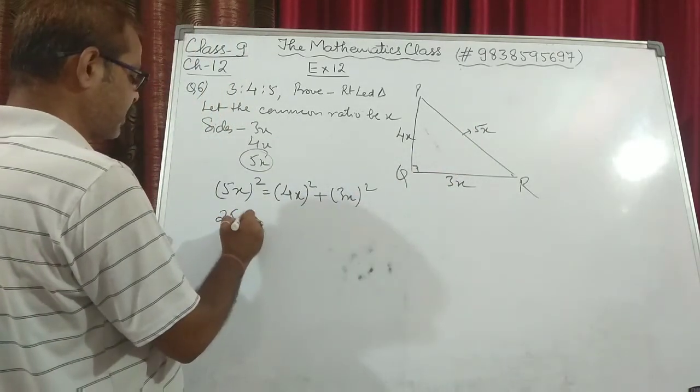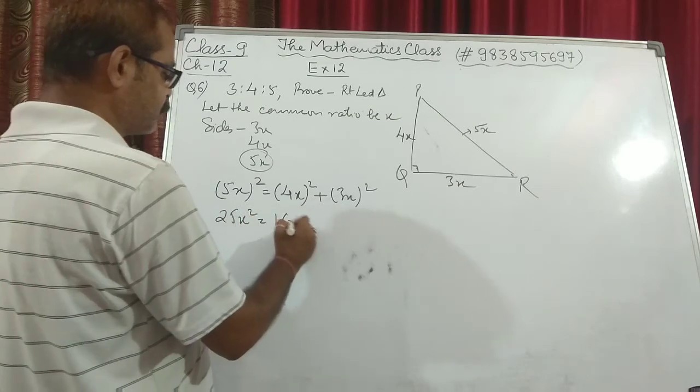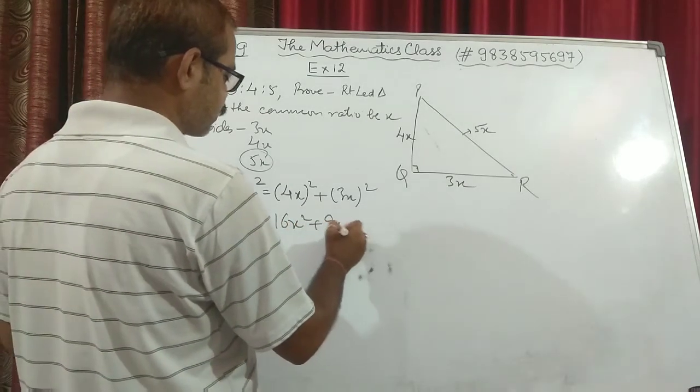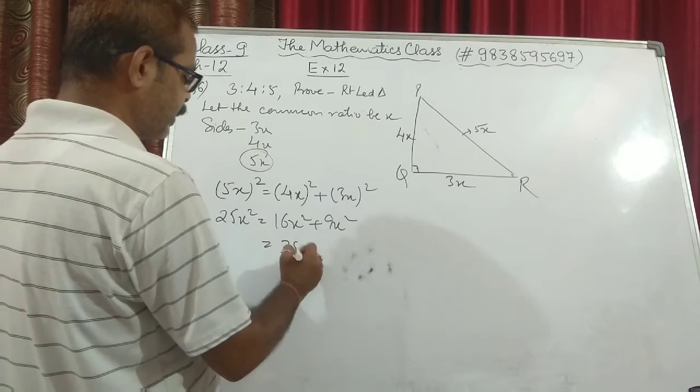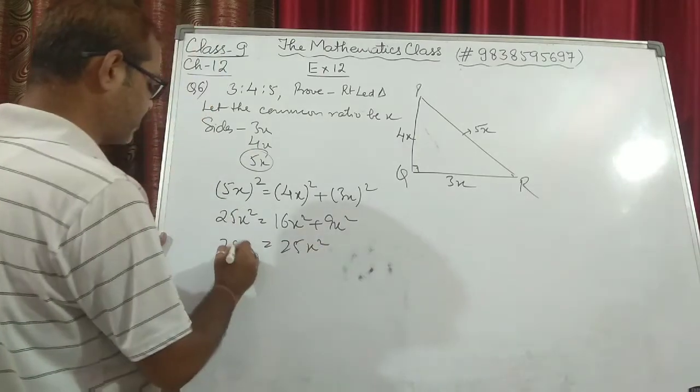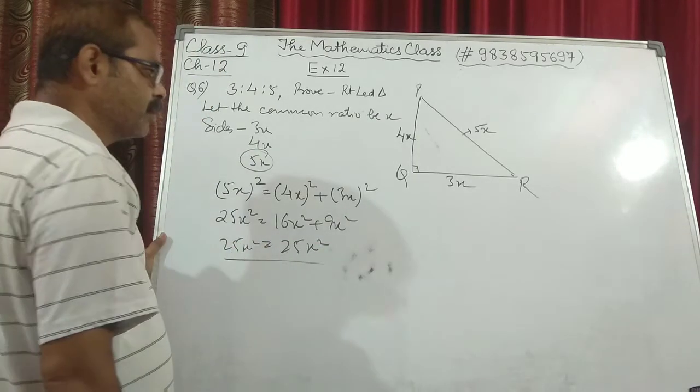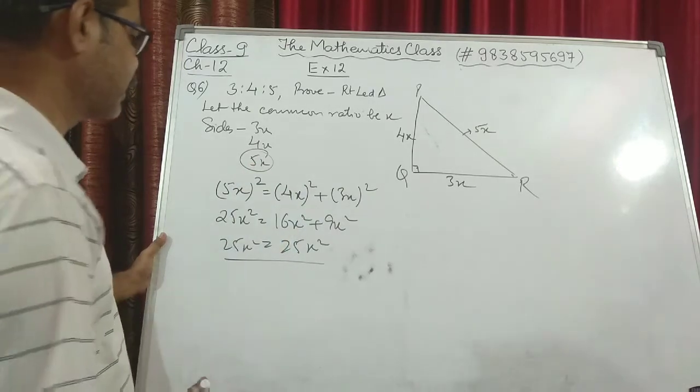So 25x square is equal to 16x square plus 9x square. You know 9 and 16 is 25, so 25x square is equal to 25x square. It means the right hand side and left hand side are equal.